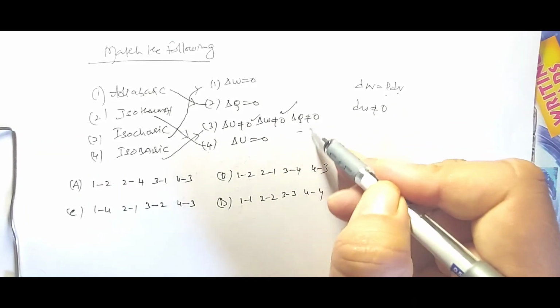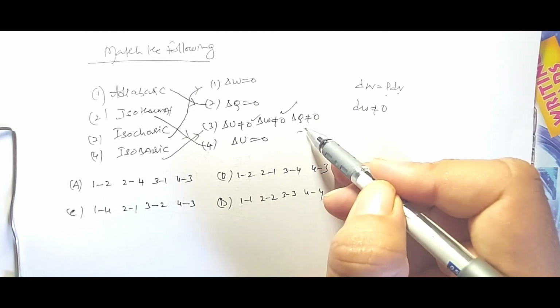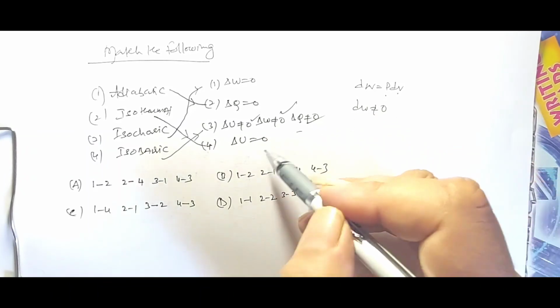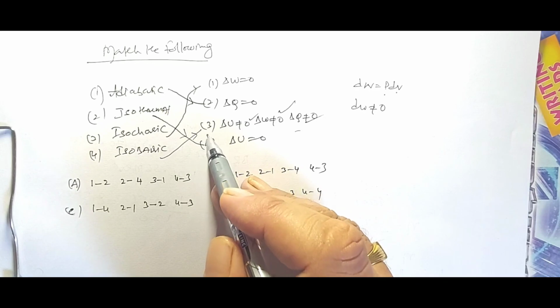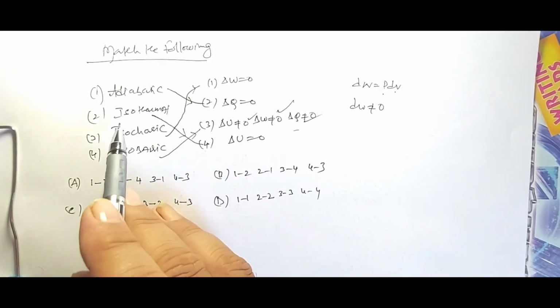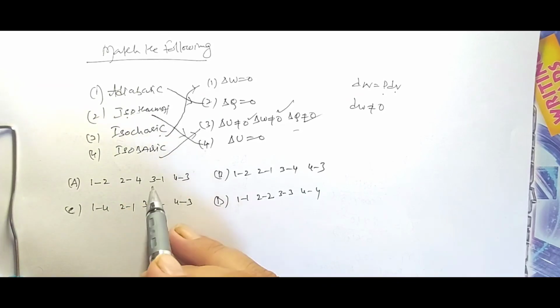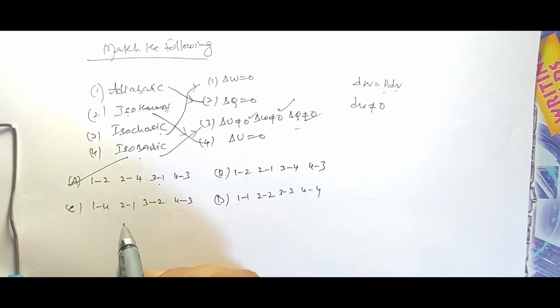So when heat is given to the system at constant pressure, work is done and internal energy also changes. So option 4 matches to 3. Finally, we get 1 2, 2 4, 3 1, 4 3. So the correct option is the fourth option.